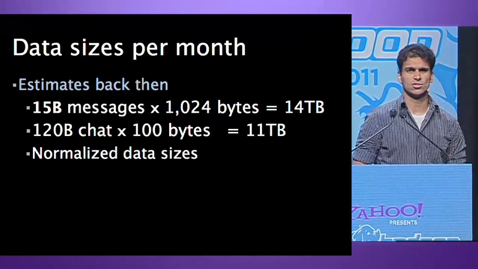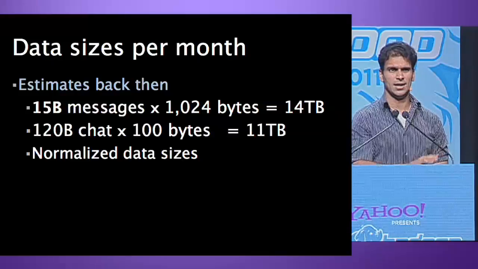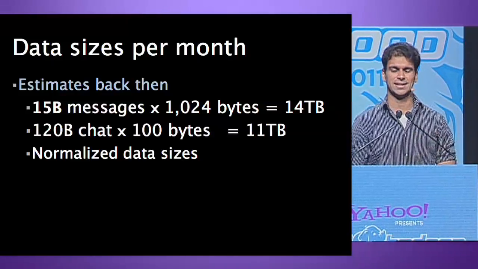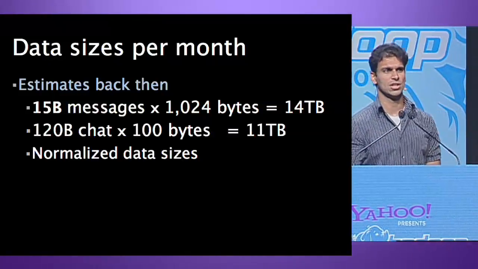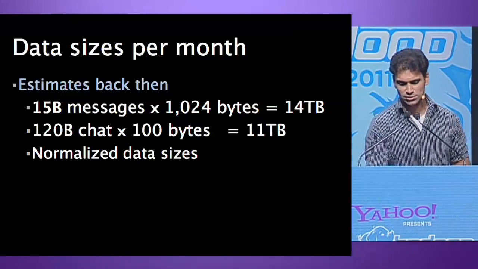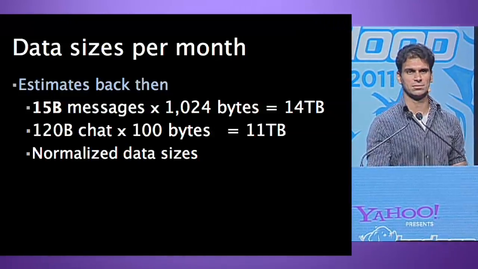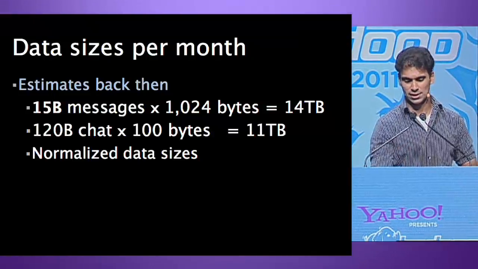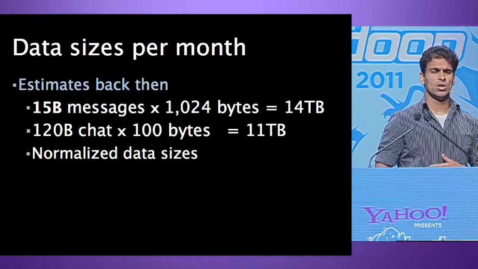So a total of 25 terabytes. And this is normalized data. That means if 3 people are involved in the conversation, the message is stored just once. This was stored on MySQL, so with the normalization, we actually cared about keeping data not too big so we could handle it.